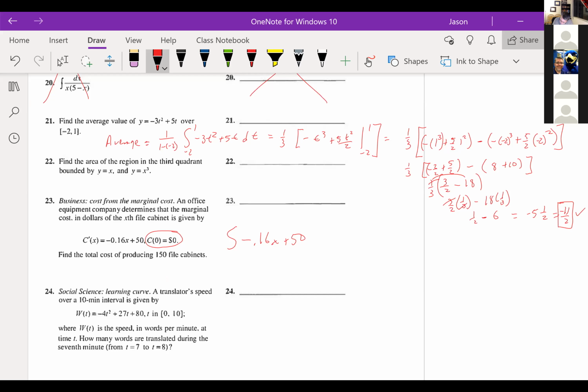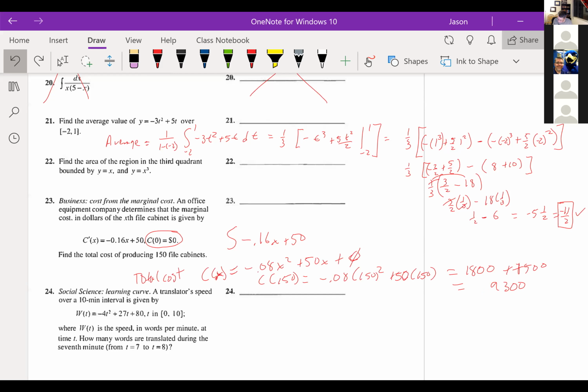So this is plus 50x. This should be divided by 2. That should be negative 0.08. Oh, it's negative. That's how I screwed it up. Okay, let's go back. Look at this, I can go back in time. It was a negative. I didn't see the negative. Okay. Boom. There we go. So that's 5,700. Nice.